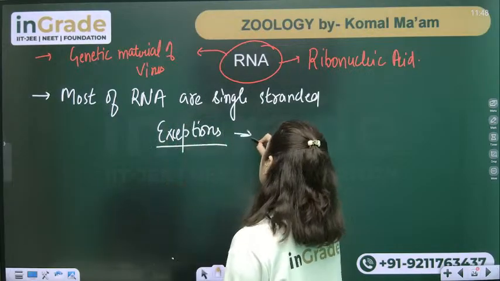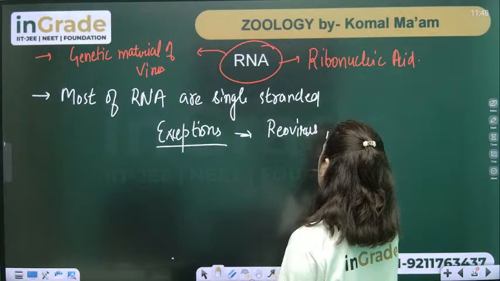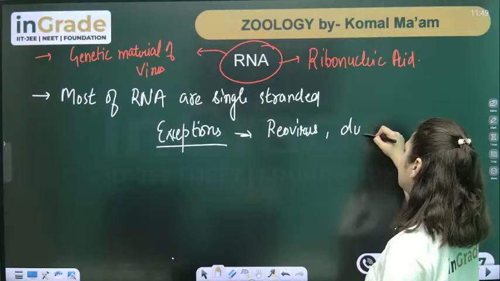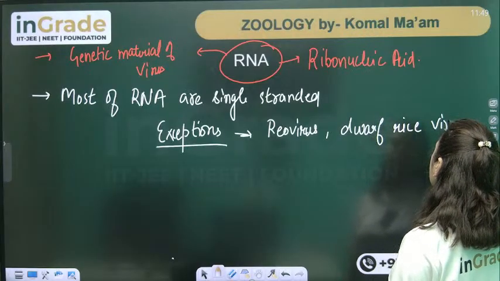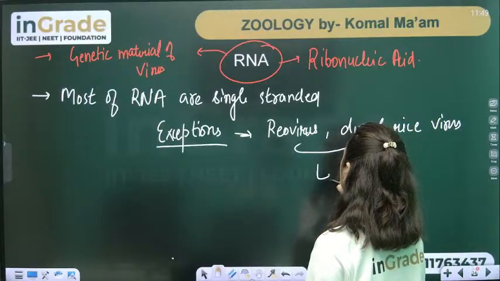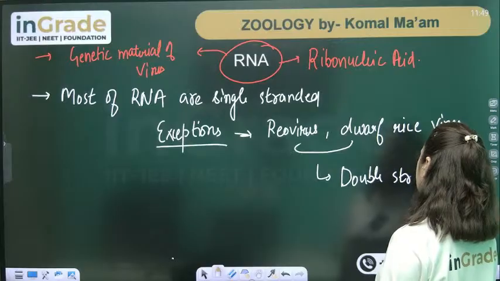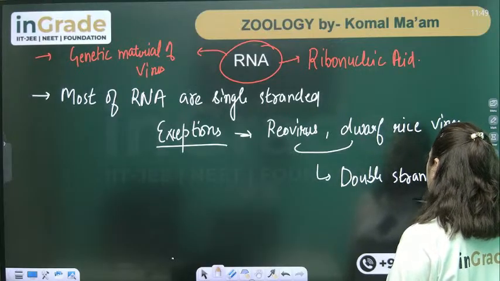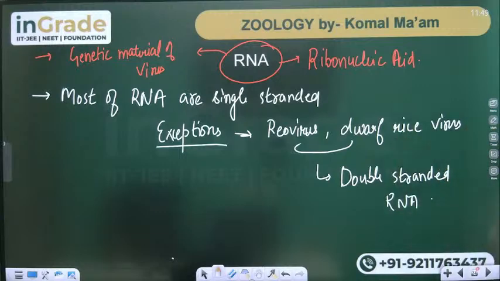Exceptions that we have are reovirus and dwarf rice virus, as they are double stranded. They both have double stranded RNA.